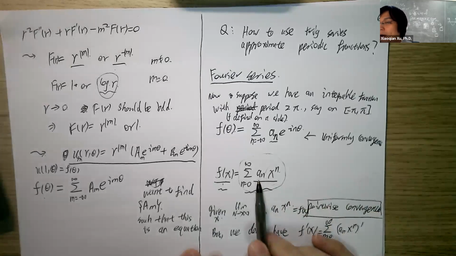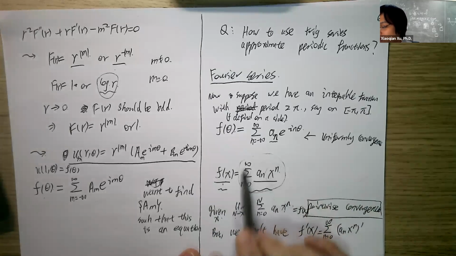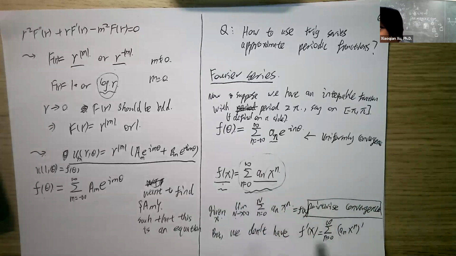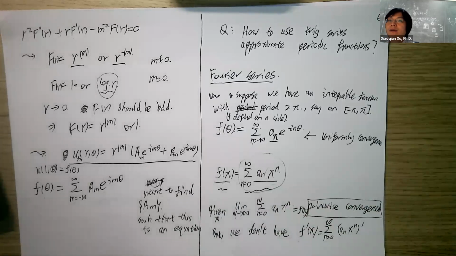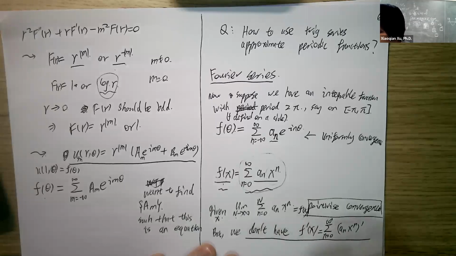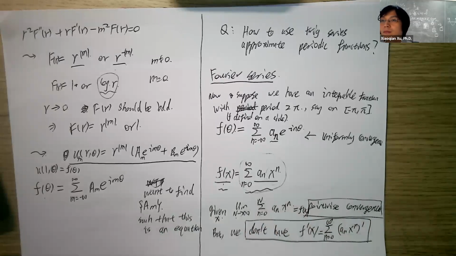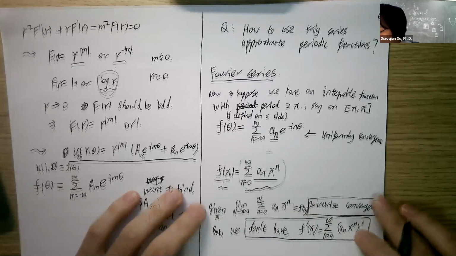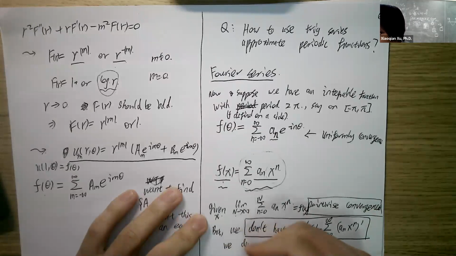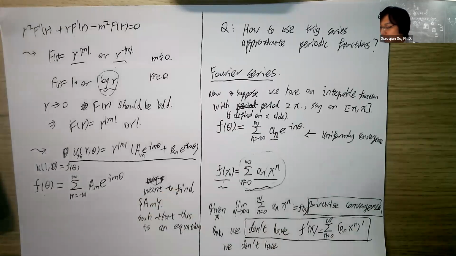You have pointwise convergence for this kind of series, the Taylor series, but that doesn't mean you can take the derivative term by term and get another pointwise convergent series. And similarly, we don't have that you can take the integral term by term.